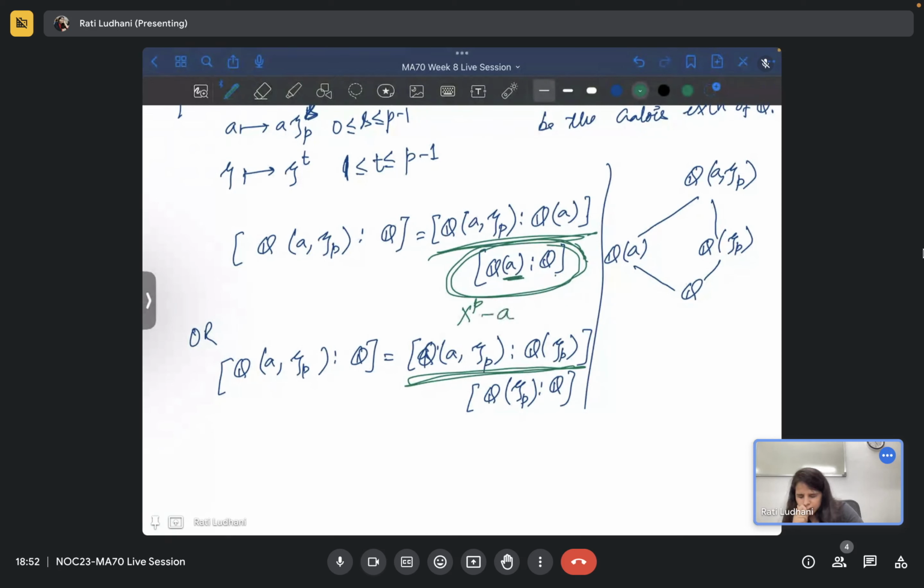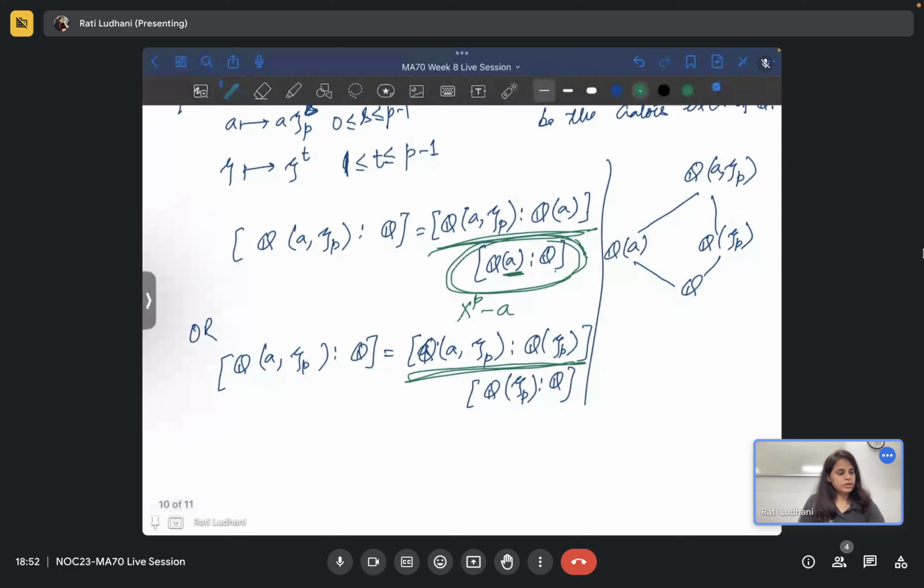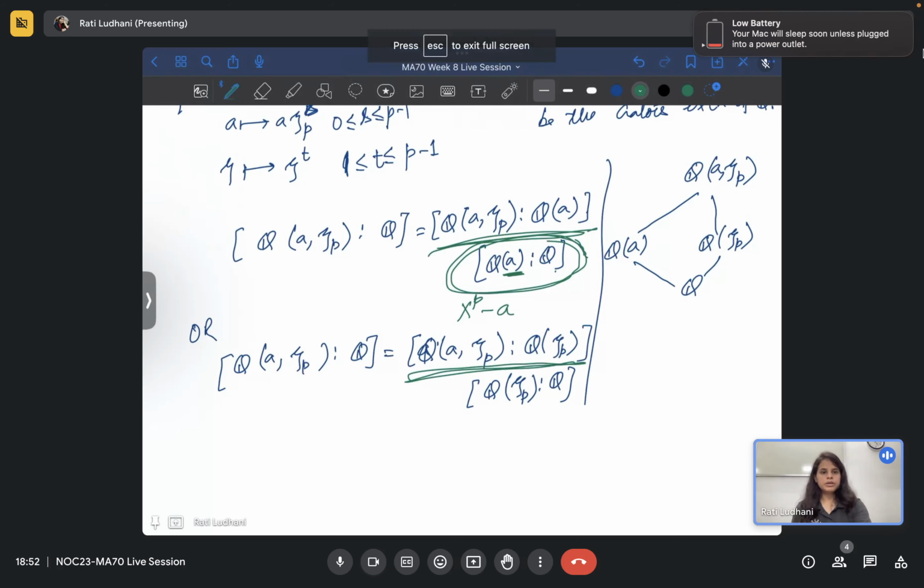Also we can see directly this is the minimal polynomial. Earlier I said you can check it, but one option is definitely x raised to power p minus a, because a satisfies this equation. Now we have to check that this is a minimal polynomial. Can you tell me how you can check?